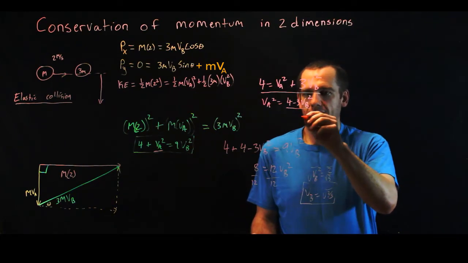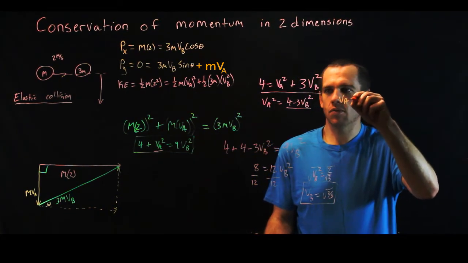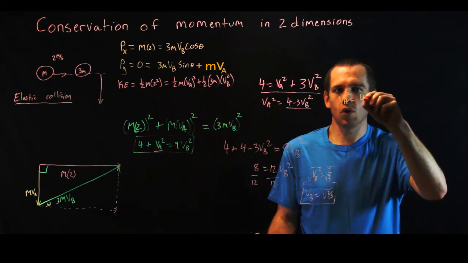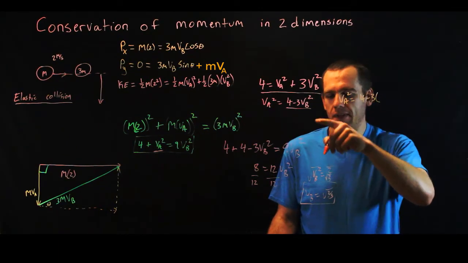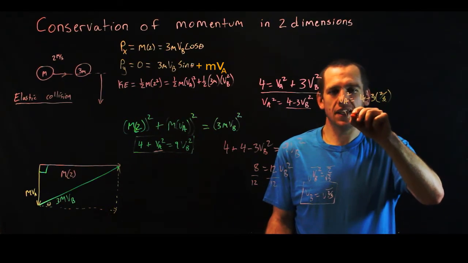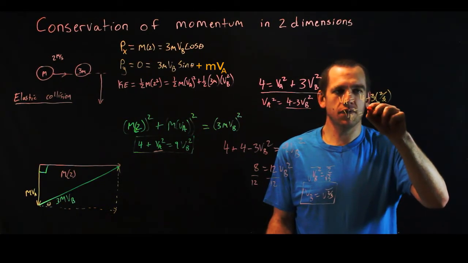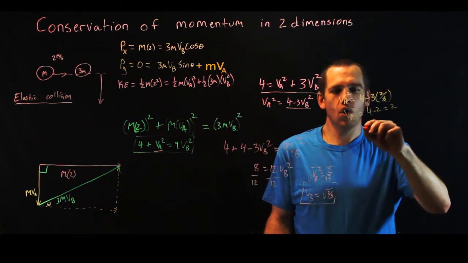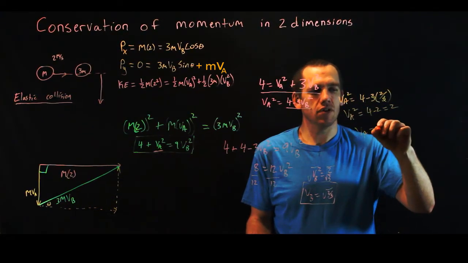So VA squared is equal to 4 minus 3 times VB squared, which would be 2/3. The 3 cancels, and I get VA squared is equal to 4 minus 2, which is 2, or VA is equal to the square root of 2.